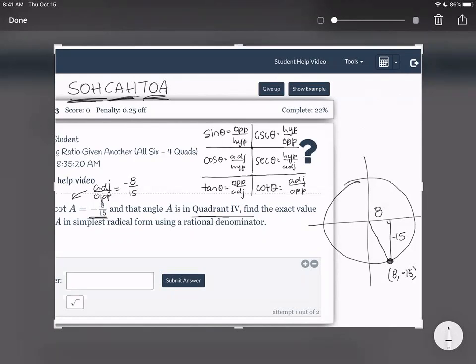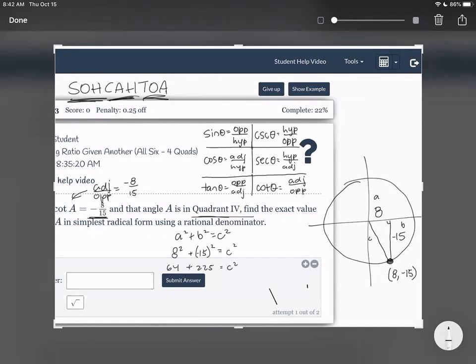Then we need to solve for our hypotenuse. So we have our A, B, and C over here. Let's use our Pythagorean theorem. A is 8, so we have 64 plus 225 equals C squared.